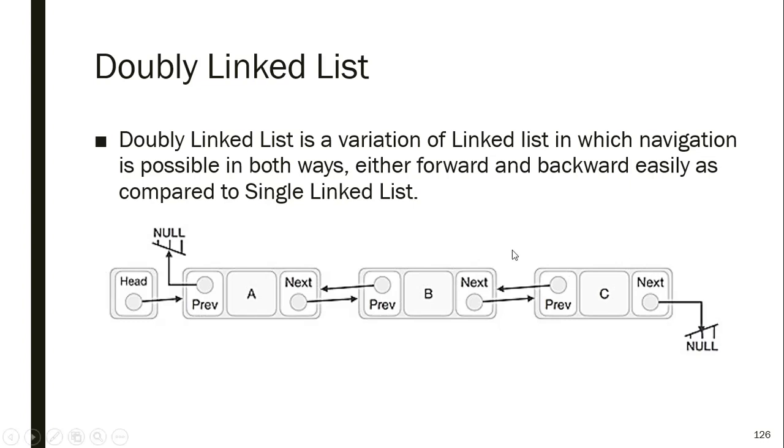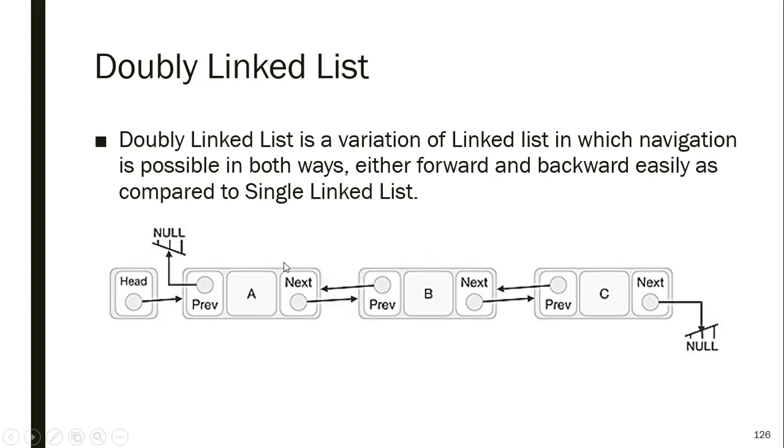In a singly linked list, head is pointing to the first one, and the first one is pointing to the second one, the second to the third one, and the last one points to null. But you can only move in one direction. In a doubly linked list, navigation is possible in both ways, you can move forward and backward.